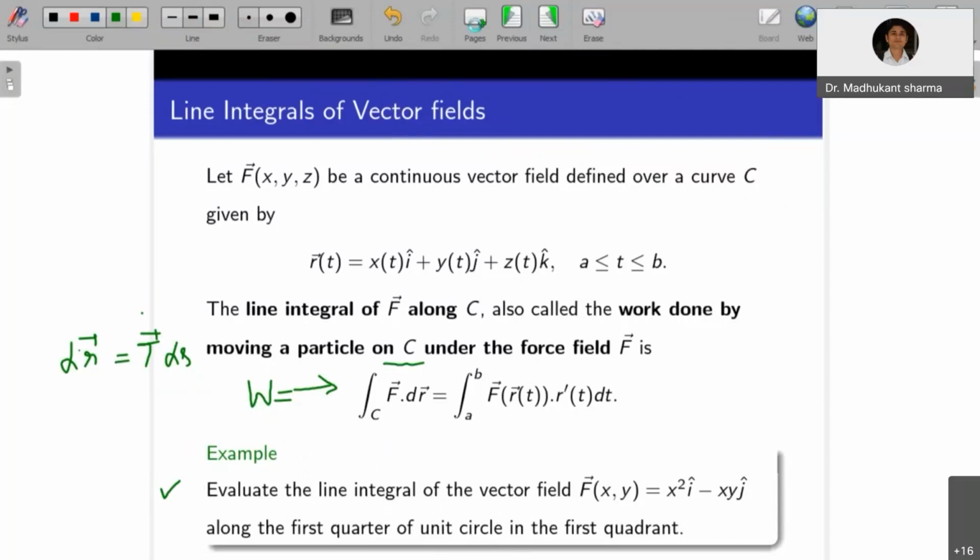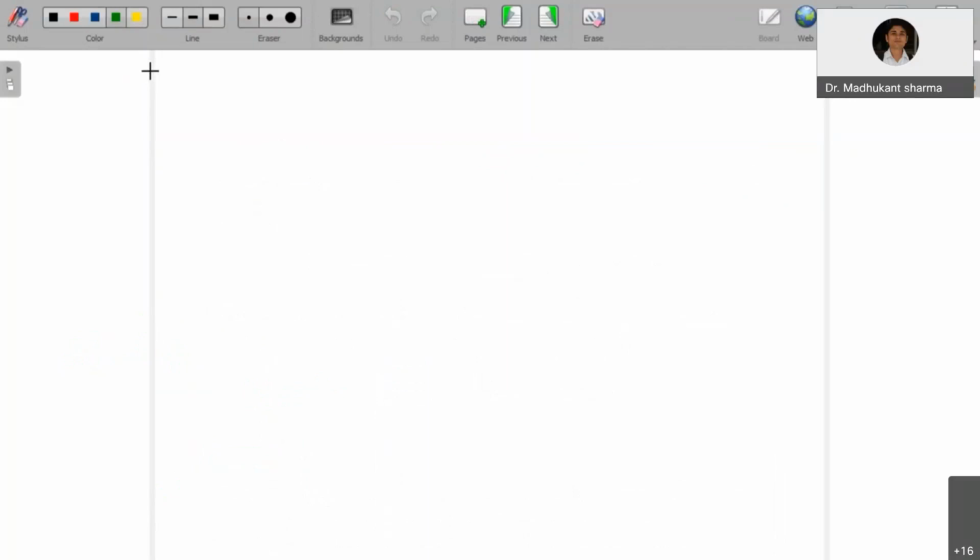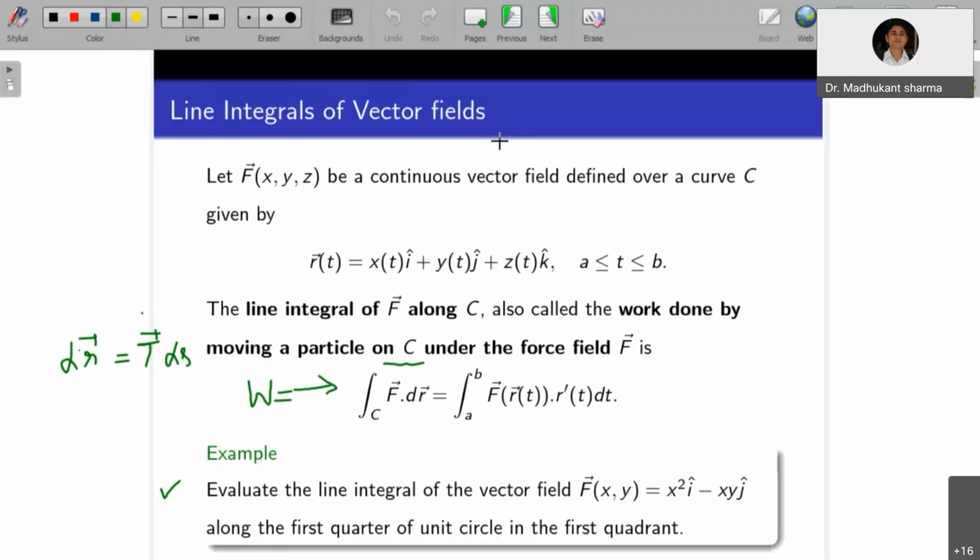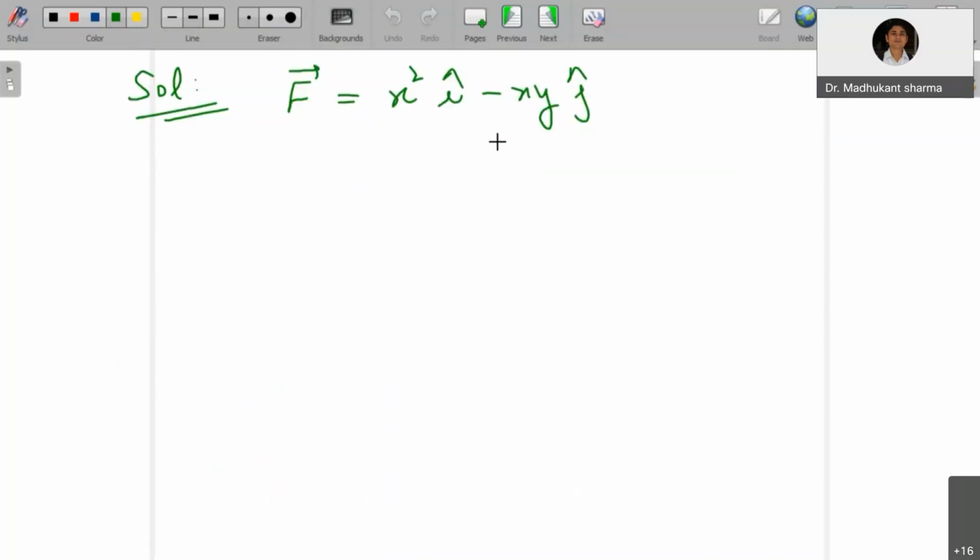The given force is F equals x squared i minus x y j, and C means you are moving along the first quarter of the unit circle in the first quadrant.